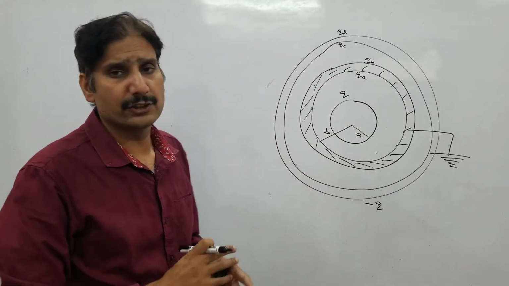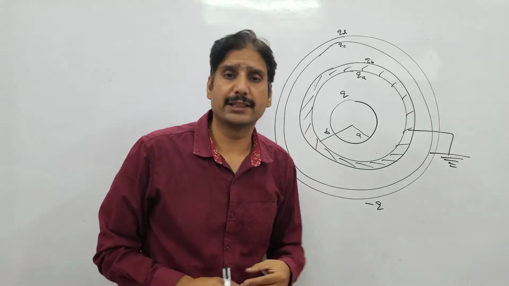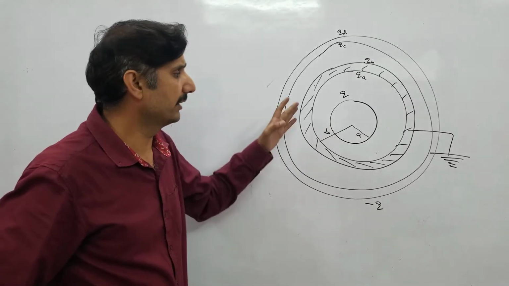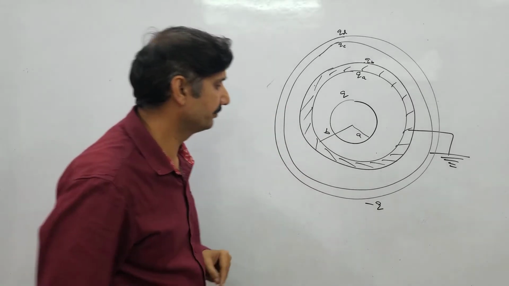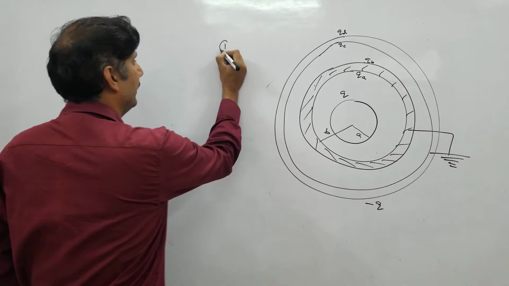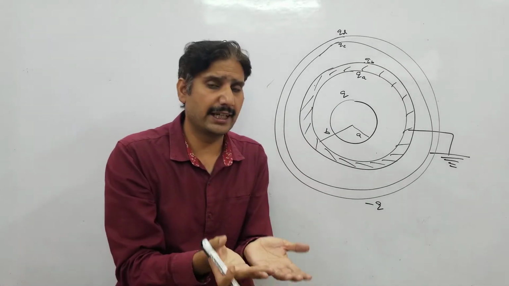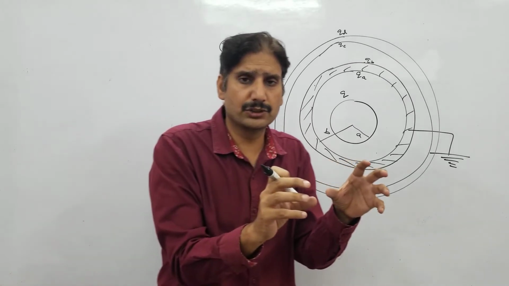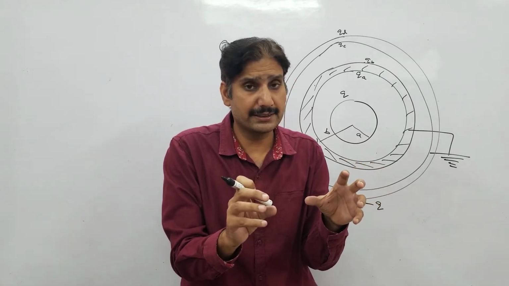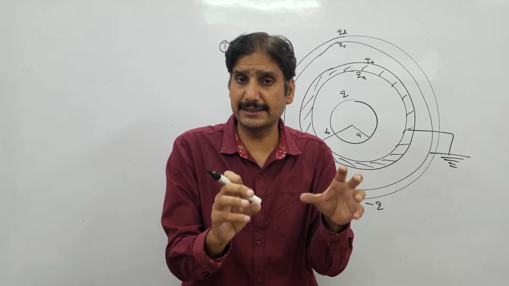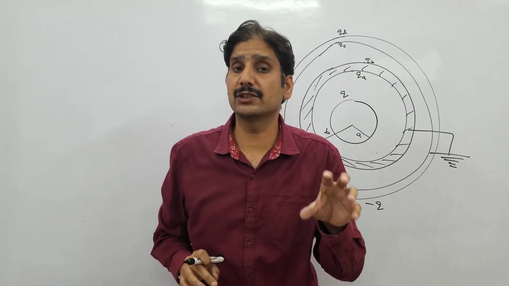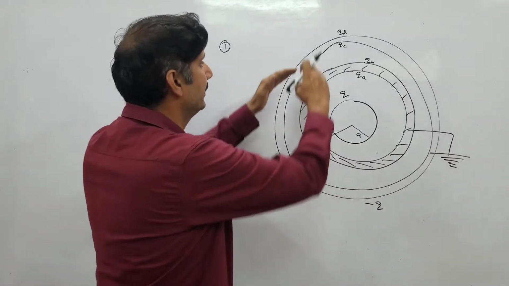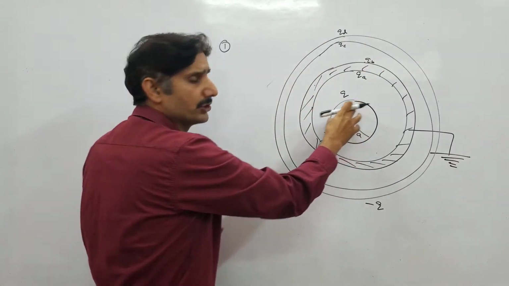While solving these questions, you should keep three things in mind. There are three points which you need to apply to solve these kinds of questions. Number 1. If a charge is isolated and is not connected to anything else, and you bring something close to it, induced charges may appear, but they will appear in such a way that the total charge on the isolated surface cannot change. That means, consider this innermost shell.